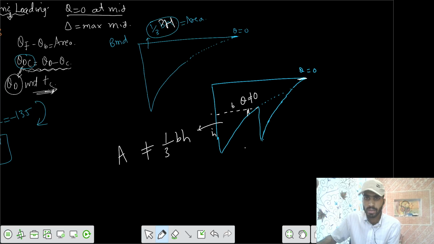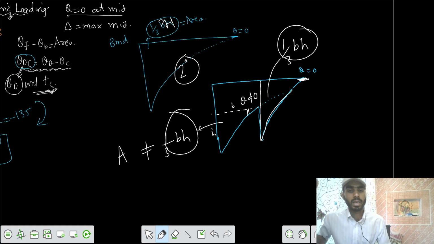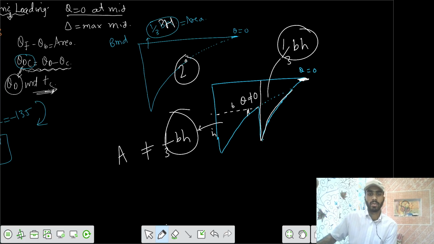But for this part you can apply that the area is 1 by 3 of BH, for this is a parabolic, 2-degree curve. Understand? The theta should be 0. Only then you can apply 1 by 3 of BH in case of a parabolic spandrel. We call it an nth degree spandrel.